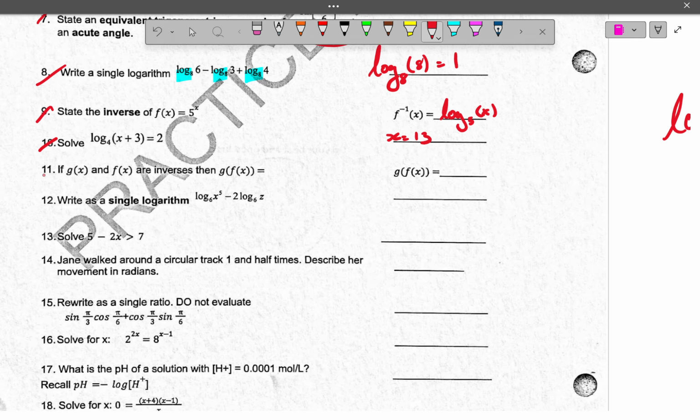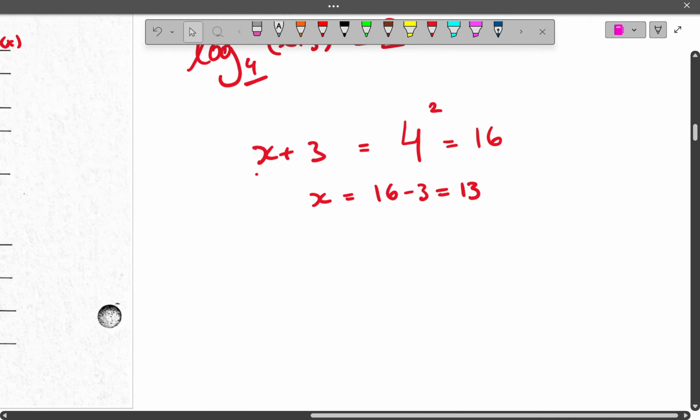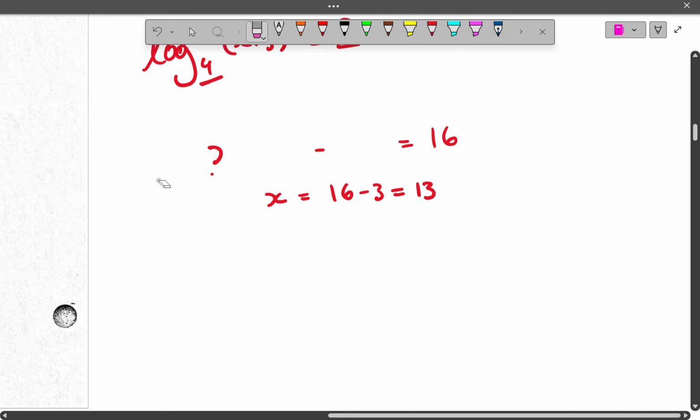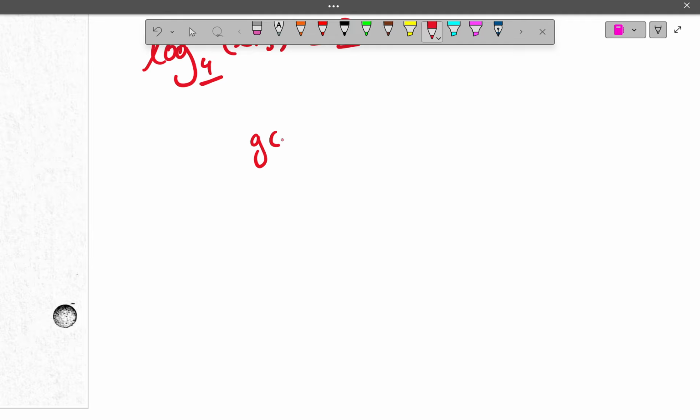Question 11 is quite more theoretical, I guess, because it asks if g and f are inverses, then what will the result of g of f of x give? It might be easier to think of it like this. If g and f of x are inverses, so g of x would be equal to the inverse of f of x, and then you also have f of x.